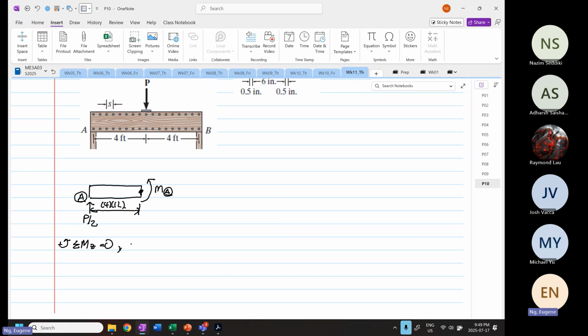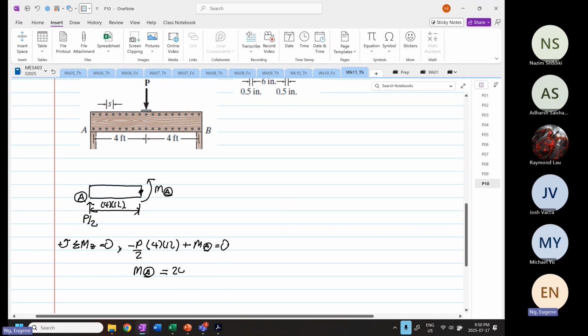So we have P/2 going in the clockwise direction, minus P/2 multiplied by 4 times 12, going anticlockwise, the moment at A is equal to 0. So moment at point A is equal to 4 times 12 divided by 2, which is equal to 24P.